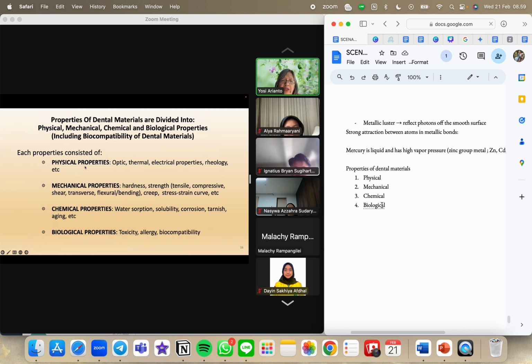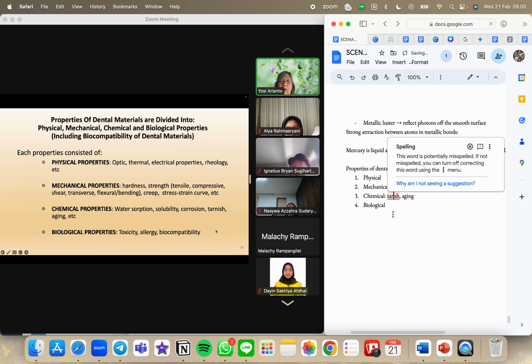The physical properties are usually the optic, thermal, electrical, rheology, and others. The mechanical properties are usually the hardness, strength, and creep of the materials. Chemical properties are usually tarnish and aging. And the biological properties are about the toxicity, allergy, and biocompatibility of a material.